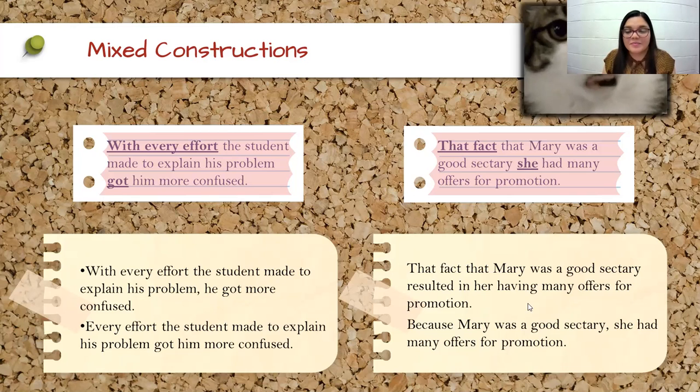This is better. The fact that Mary was a good secretary, she had many offers for promotion. Totally illogical or mixed. The fact that Mary was a good secretary resulted in her having many offers for promotion. Or, because Mary was a good secretary, she had many offers for promotion.